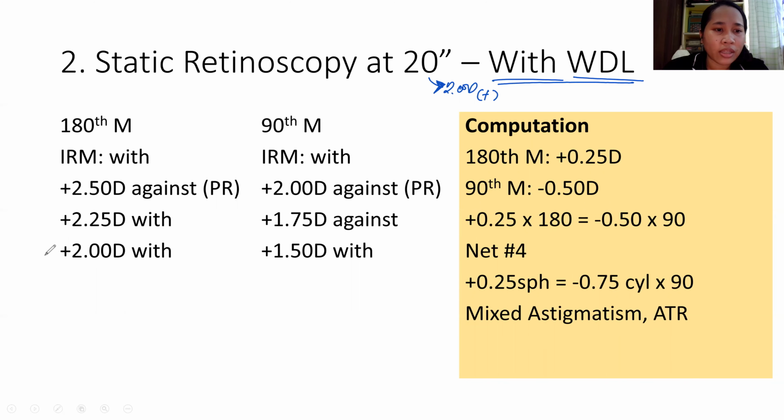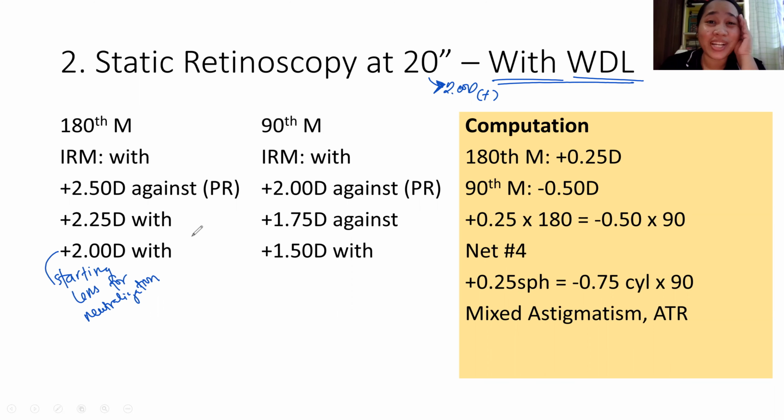So we start at plus 2. This is our starting lens for neutralization. Okay? So at plus 2, the movement is still with.